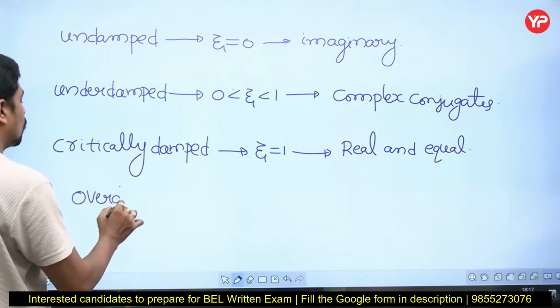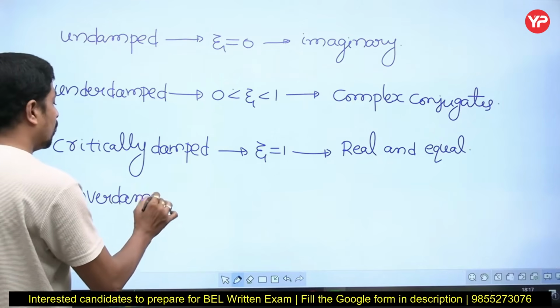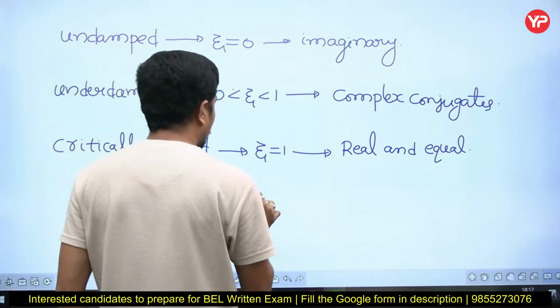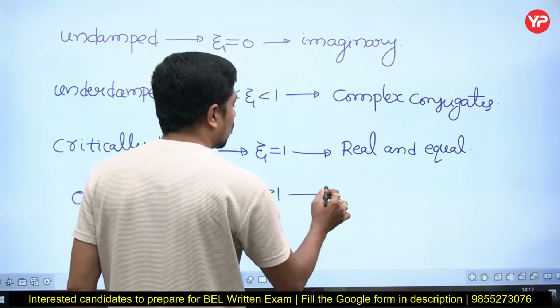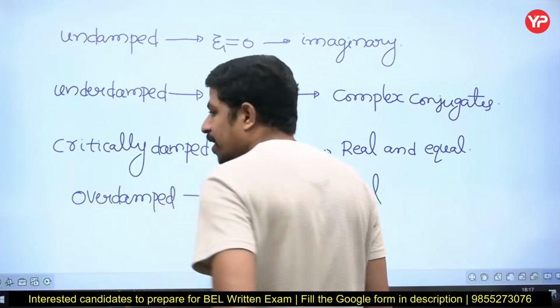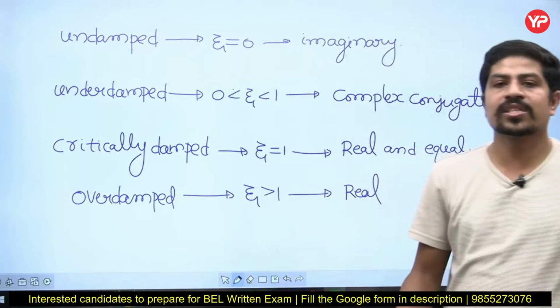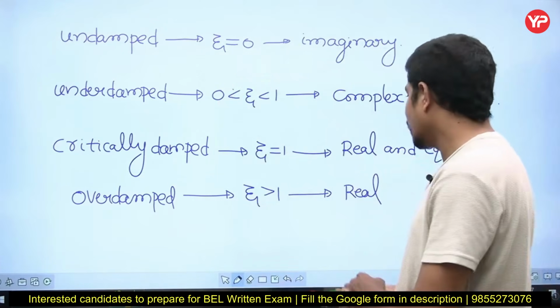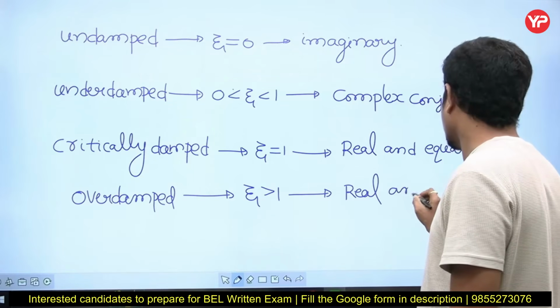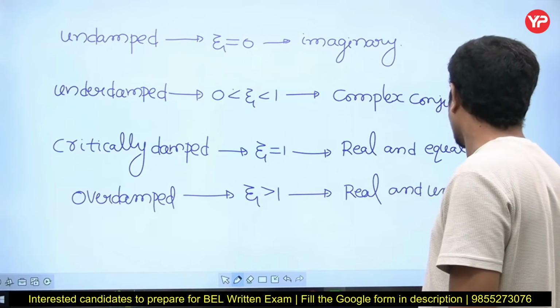As I told you, depending on damping, there are four types of systems. Overdamped means zeta is greater than 1. Its poles are real and unequal, or we can say distinct. Distinct means different. Real and unequal.